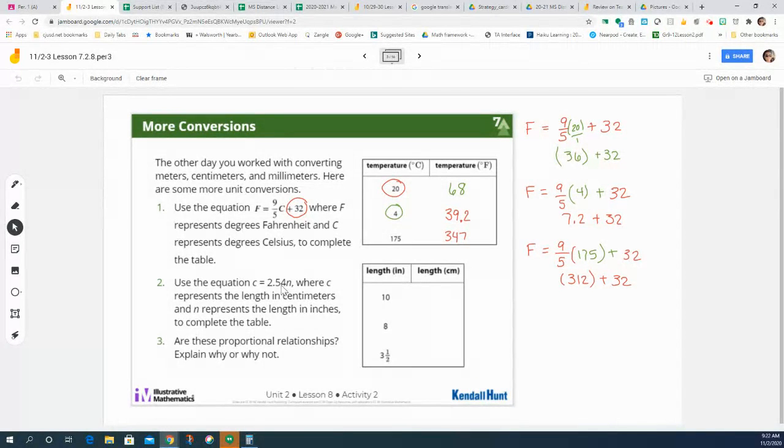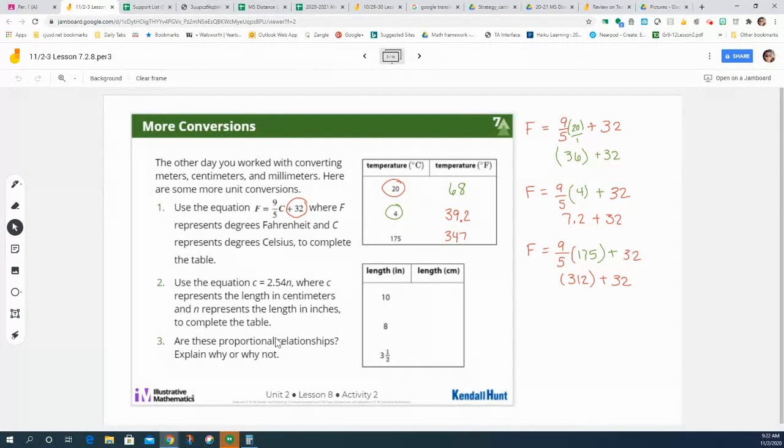Now it says use the equation C is equal to 2.54 n, where C represents the length in centimeters and n is the length in inches. So now we're going to use the next one.